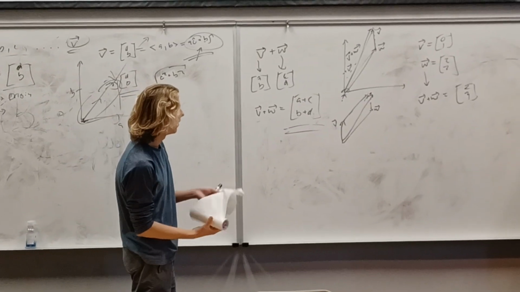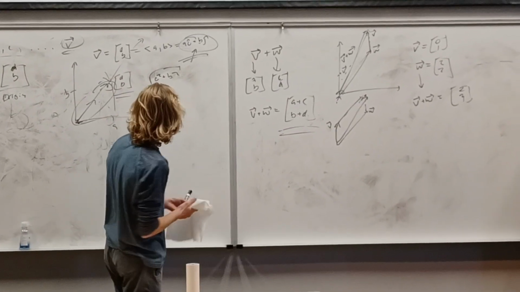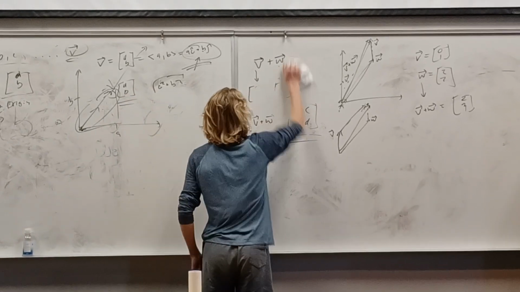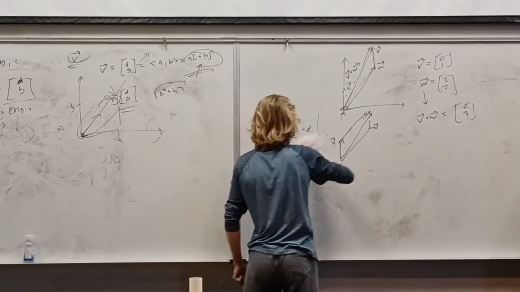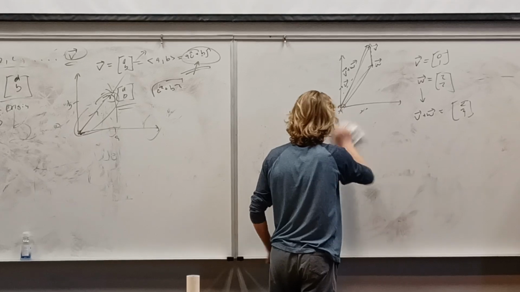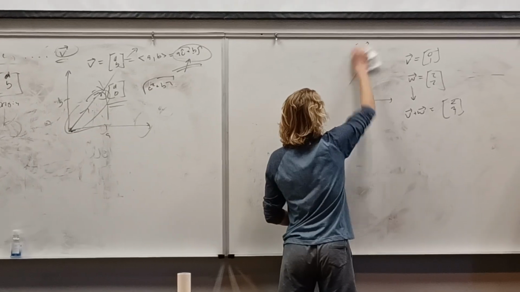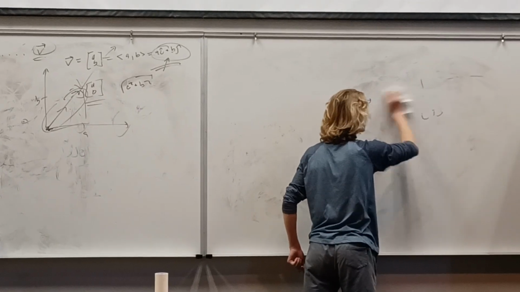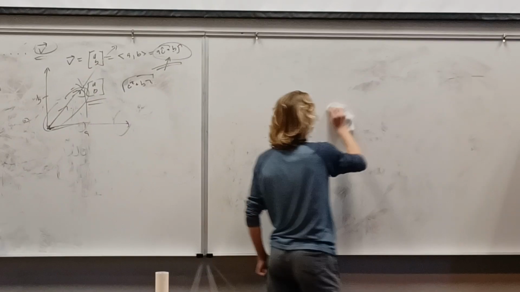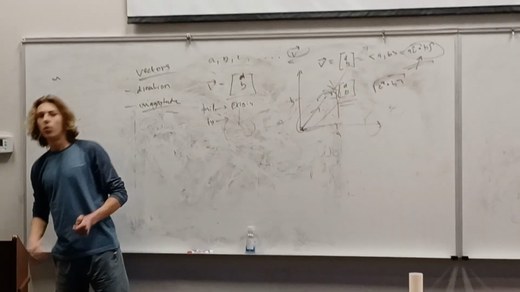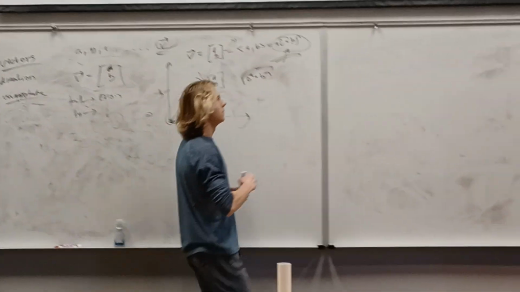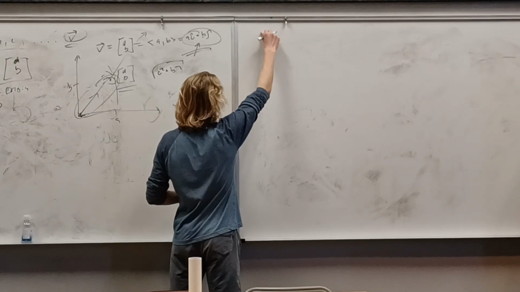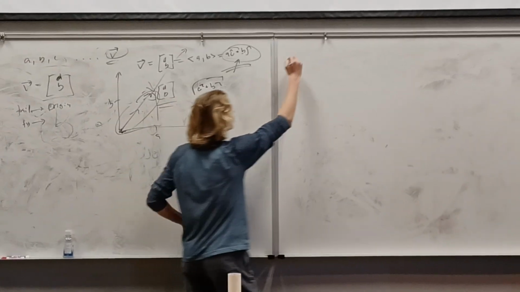And what we can actually do with this is represent vectors as a sum of other vectors. So vector 1, 2 could be equal to vector 0, 1 and 1, 1, basically. And so that's essentially the idea of what I'm going to introduce here.